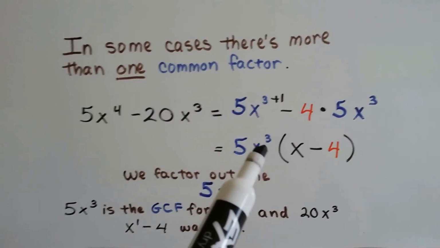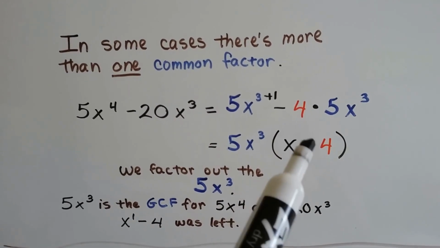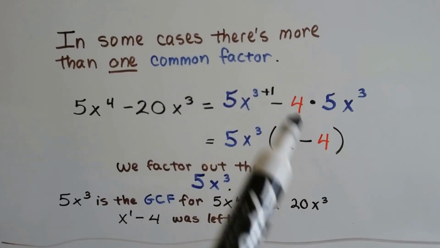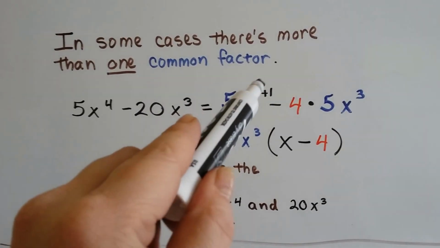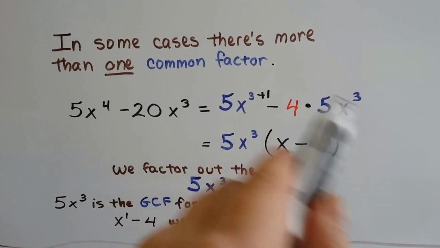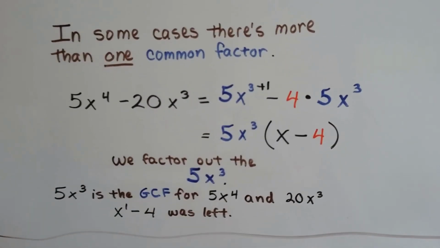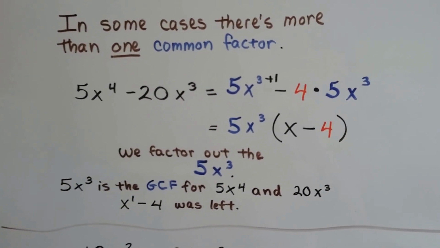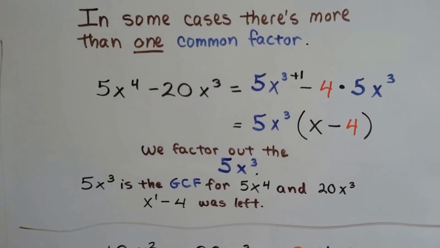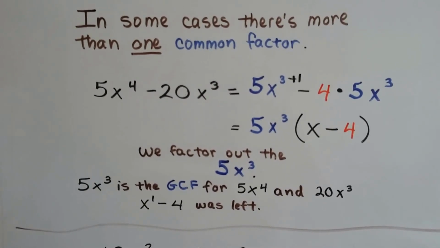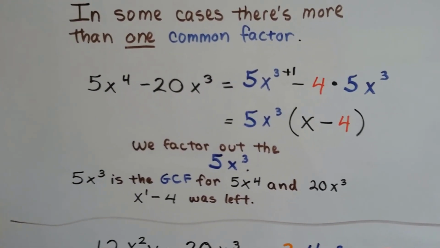And we get 5x to the third times (x minus 4), because 1x is left over here, minus the 4. We've gotten rid of the 5x to the third, and the only thing left over is x to the first power minus 4. See? We factored out that 5x to the third. And it's the greatest common factor for 5x to the fourth and 20x to the third. This little x to the first power minus 4 was left over.